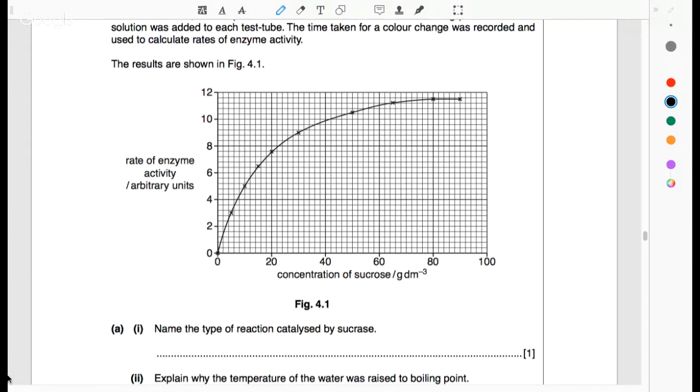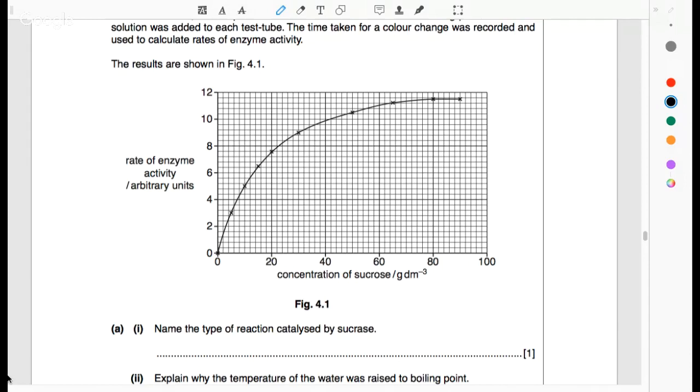Then, when the curve flattens, Vmax is reached. So this is where all of the active sites are full already, and the enzyme is the limiting factor.